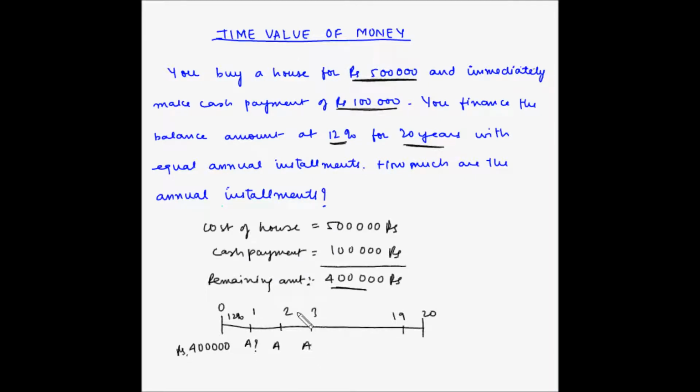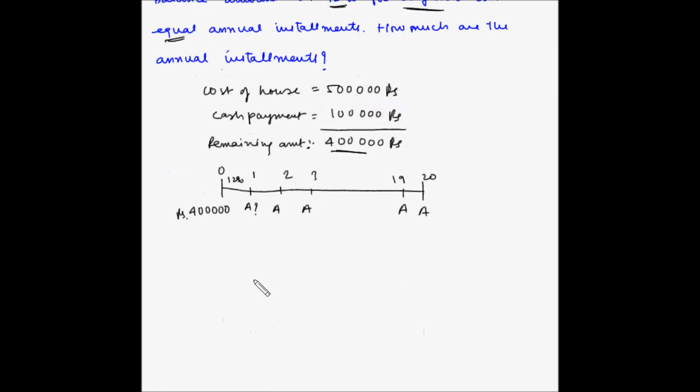Now again, the installments are equal, so it will be A throughout the time frame. Here I am assuming that the installments are being paid at the end of each year. So now this becomes a case of an ordinary annuity.